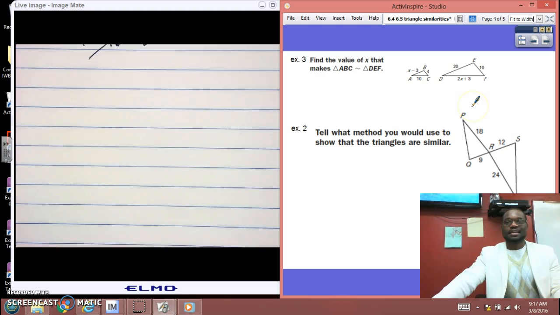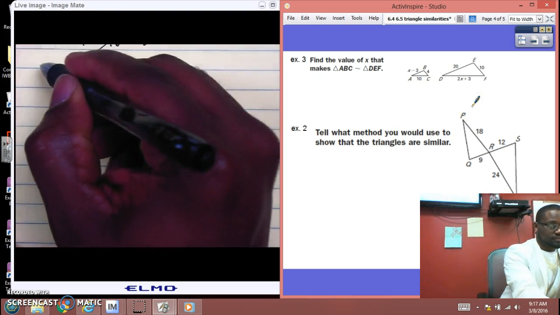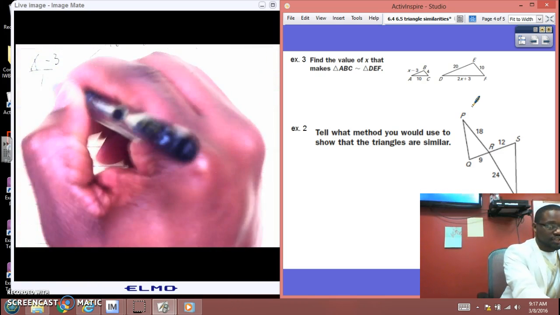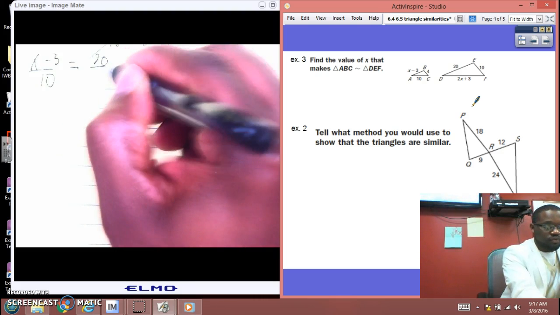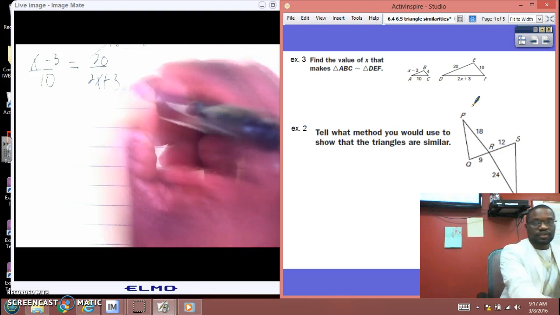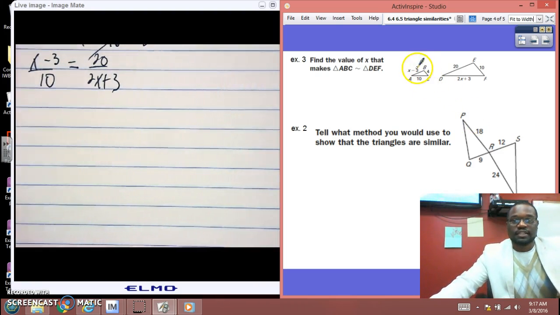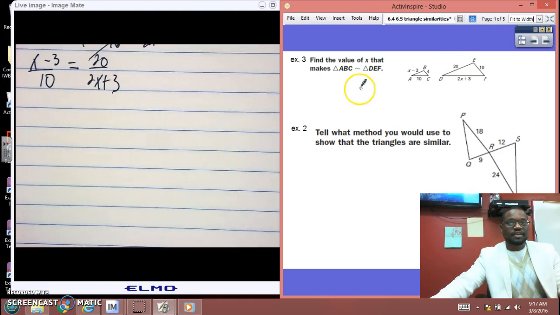Maybe I can say something like x minus 3 over 10 equals 20 over 2x plus 3. I hope y'all understand what I just wrote down. This over this equals this over this. But I have a problem here, guys.